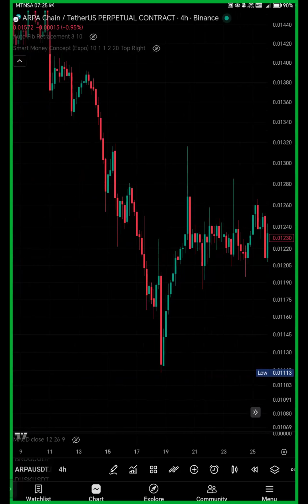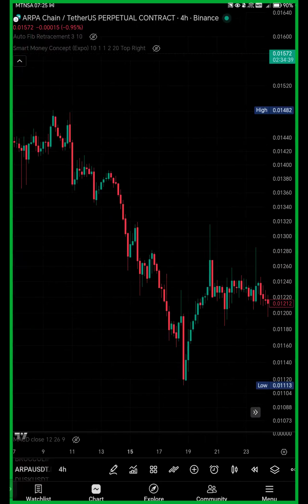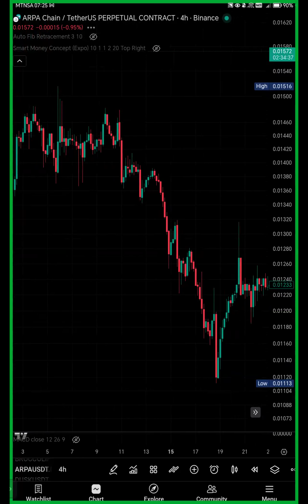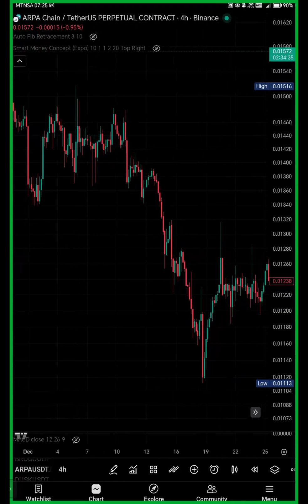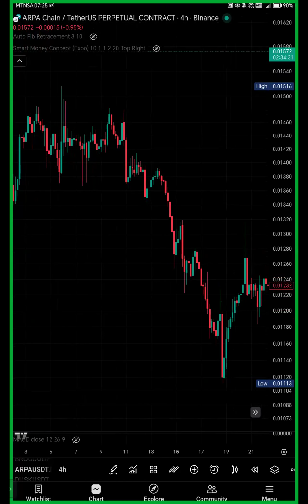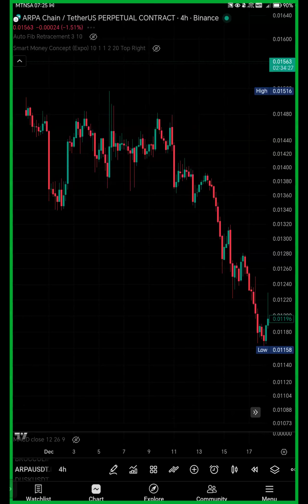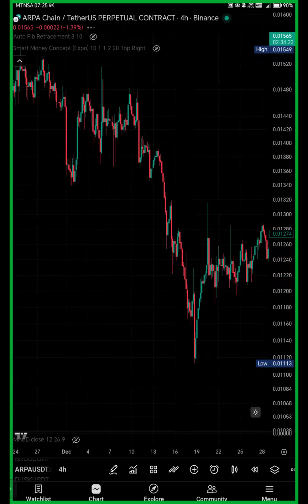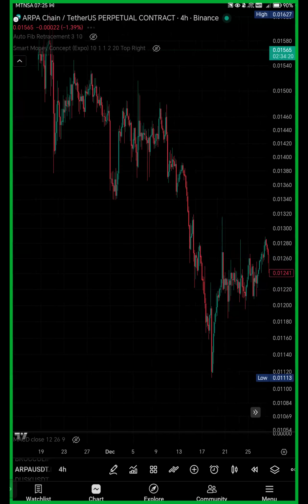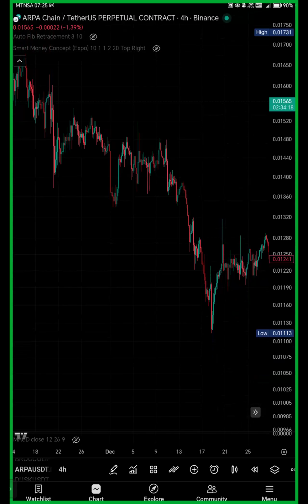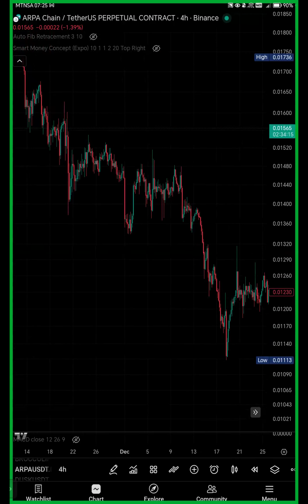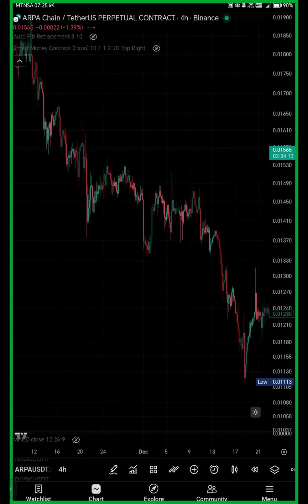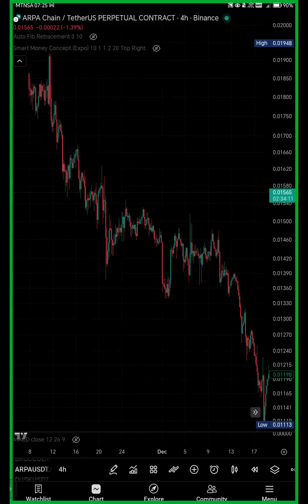Let's come to the top where this downtrend started. Let's locate it. What is causing this downtrend? What type of chart patterns can we find in this downtrend? It was a very long downtrend, ladies and gentlemen. This coin, a very long downtrend.